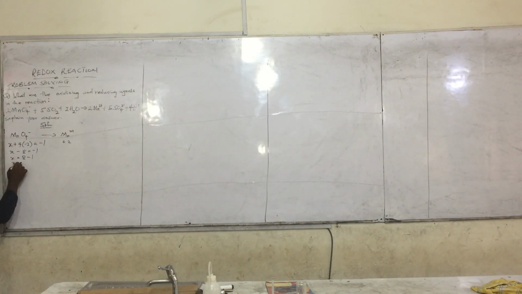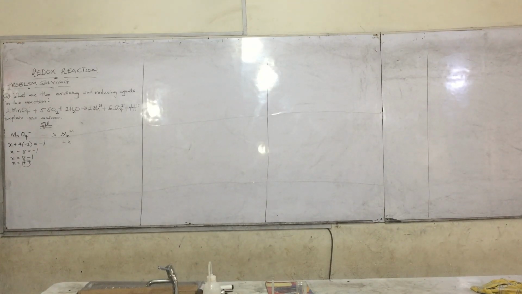Now we have X equal to plus 7. So we know that X was represented by Mn. That is the oxidation number for Mn. Therefore, we can say that the oxidation number for Mn is plus 7 in this case.